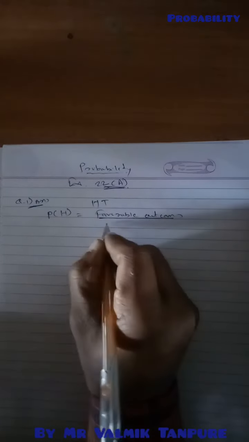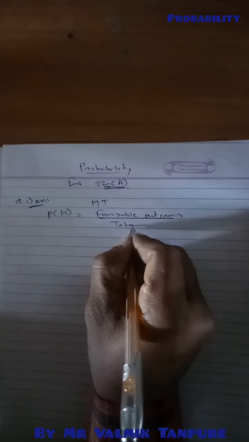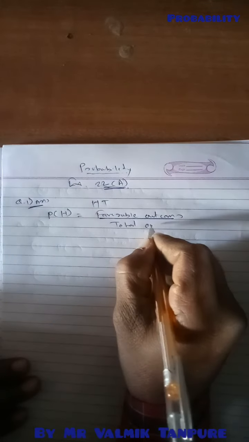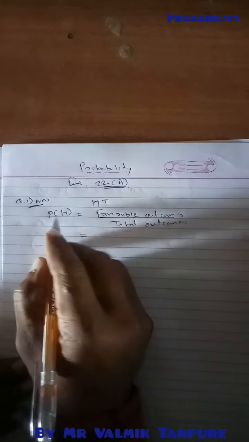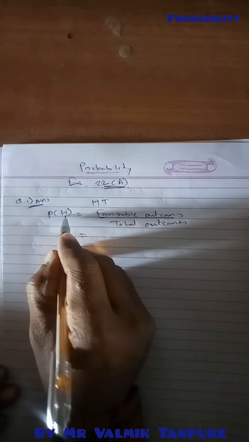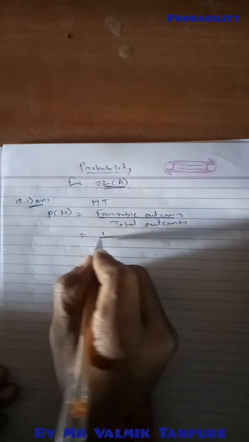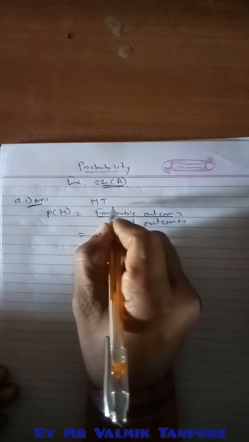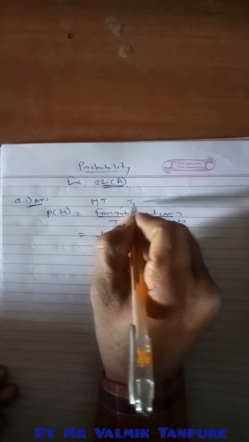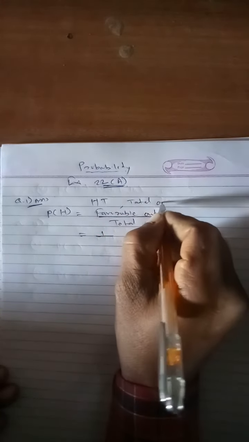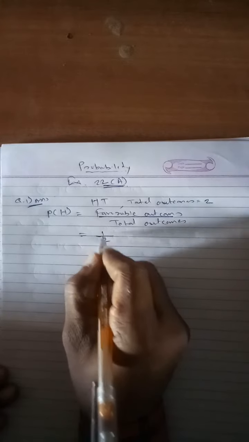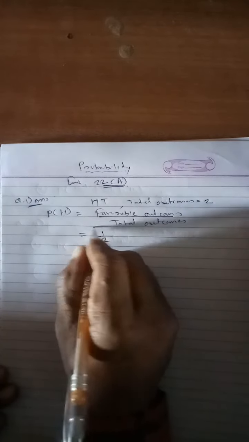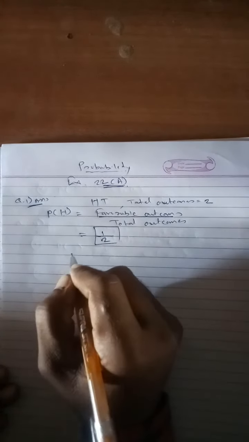Favorable outcomes upon total outcomes. Favorable outcome required is head. How many heads are there? 1. Total outcomes will be 2. So out of 2, 1 upon 2. So the probability for the head is 1 upon 2.